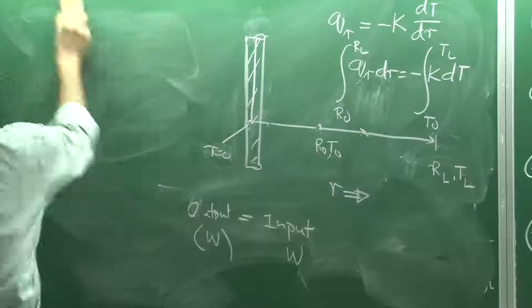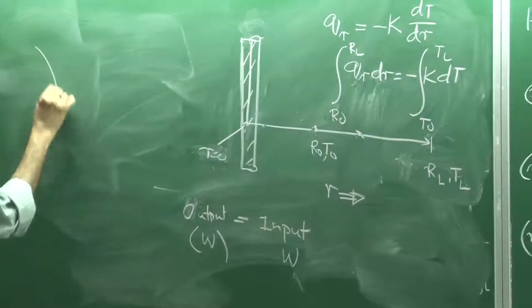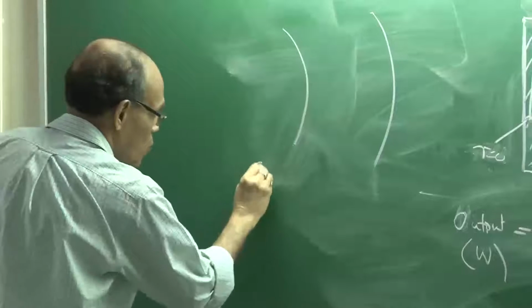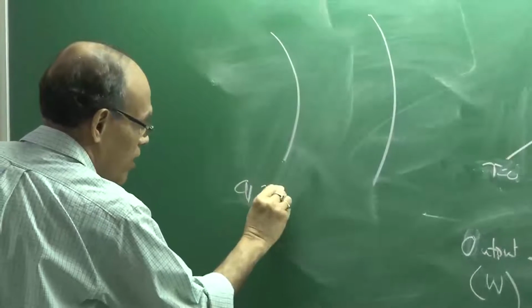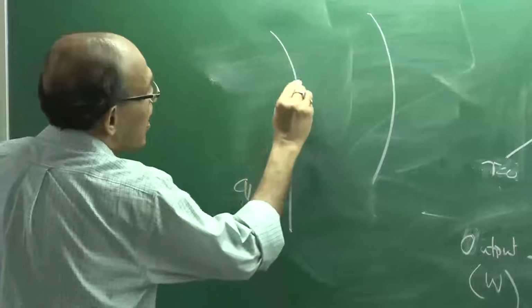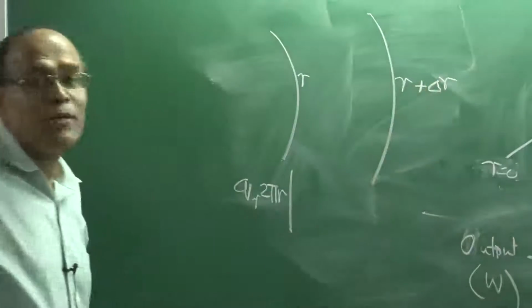Now if we look at a cylindrical shell here, as I indicated, we have qr into 2 pi r. This is the area which is at, suppose this is at r and this is at r plus delta r, a general case of shell balance again.